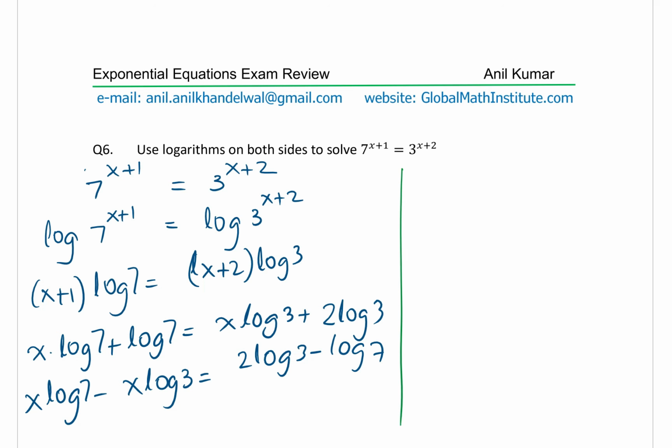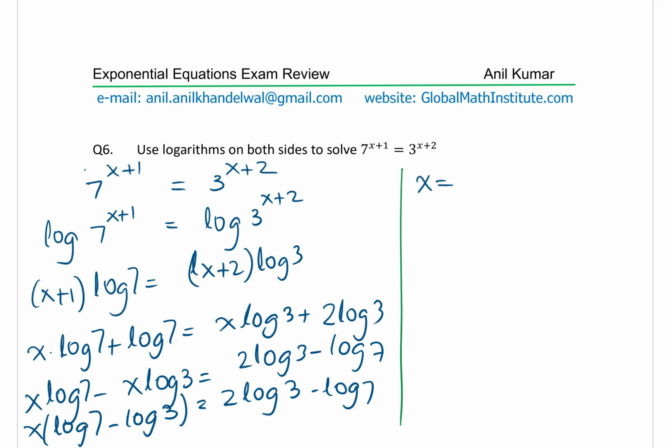So I'll rewrite my equation with x as a common factor. So we get x times log of 7 minus log of 3 equals 2 log of 3 minus log of 7. So from here, we can write the value of x as equal to 2 log 3 minus log 7 divided by log of 7 minus log 3.